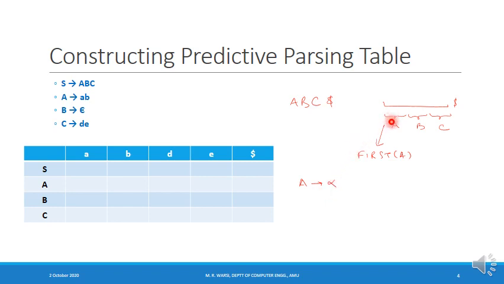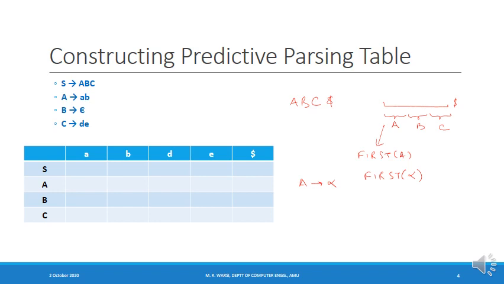For this string to be derivable from this production, this string must begin with the terminal symbol which is there in the first of alpha.